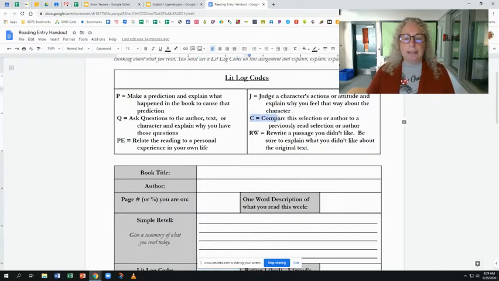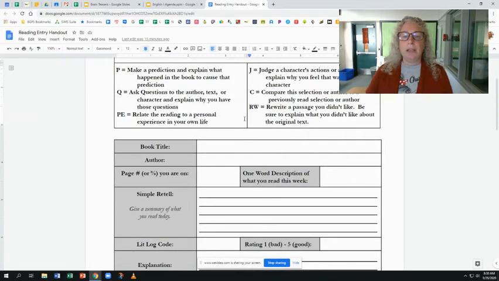Then there's C. C is compare this selection or author to a previously read selection or author. So if the book is reminding you of another book or even a movie, a TV show, if it's reminding you of another story, compare those two. How are they similar? How are they different? But again, that compare has two sides. How are they similar? How are they different?